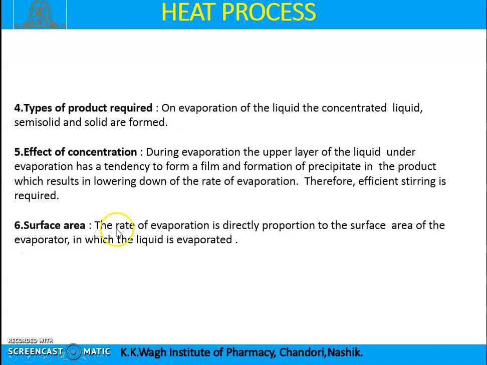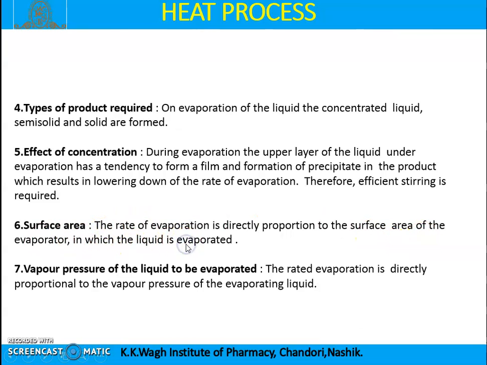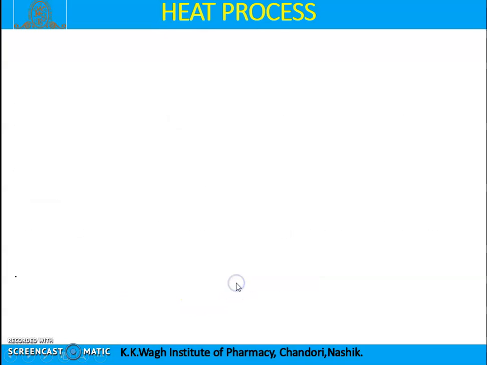The next factor is surface area. The rate of evaporation is directly proportional to the surface area of the evaporator in which the liquid is evaporated. The next factor is the vapor pressure of the liquid to be evaporated. The rate of the evaporation process is directly proportional to the vapor pressure of the evaporating liquid.